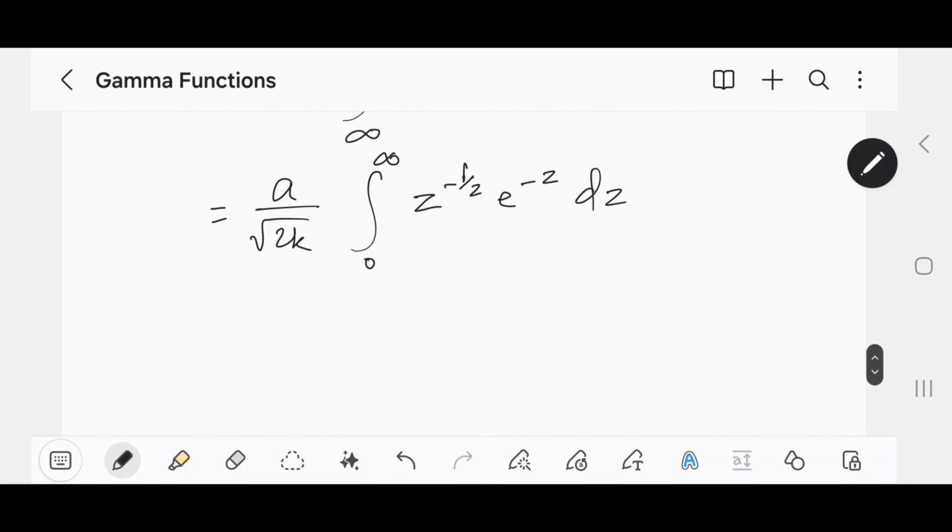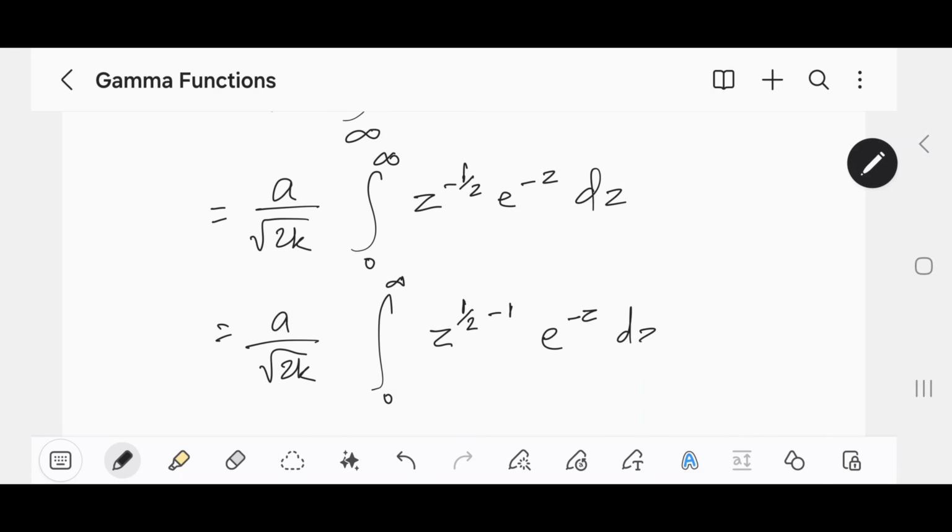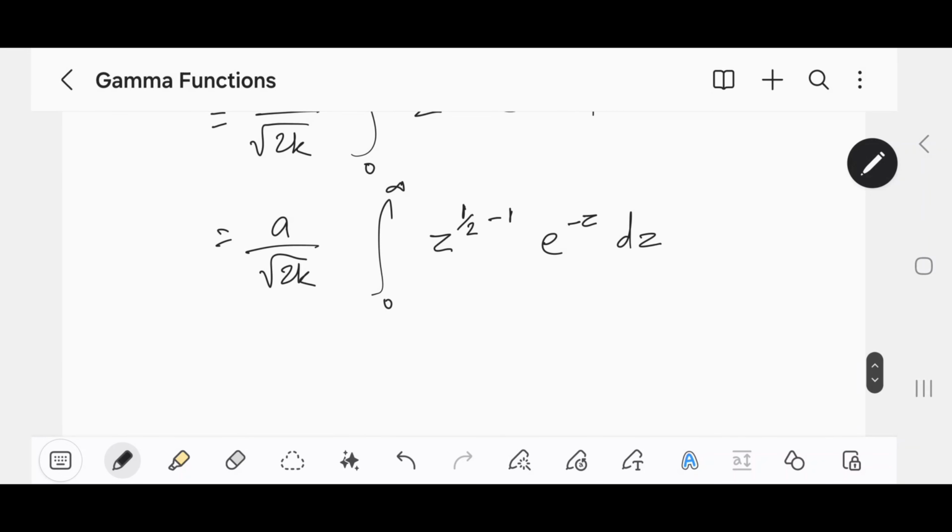Now let's rearrange this integration. The integral from 0 to infinity of z to the power 1 by 2 minus 1 e to the power minus z dz. Now we can see that this is a gamma function with n equals 1 by 2.